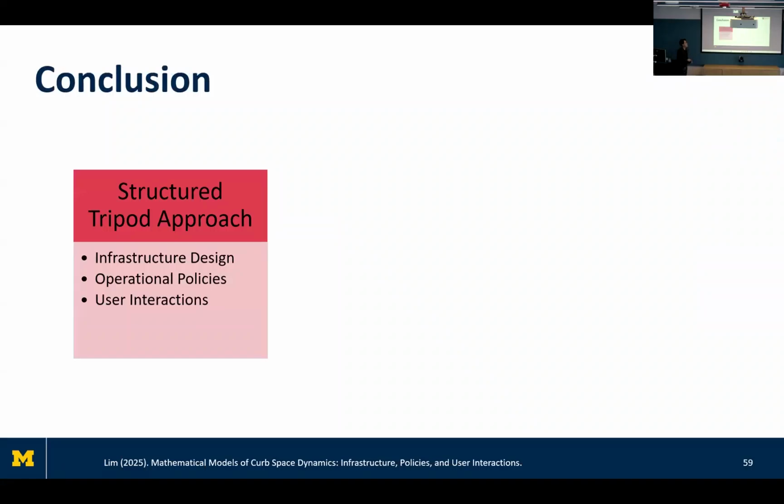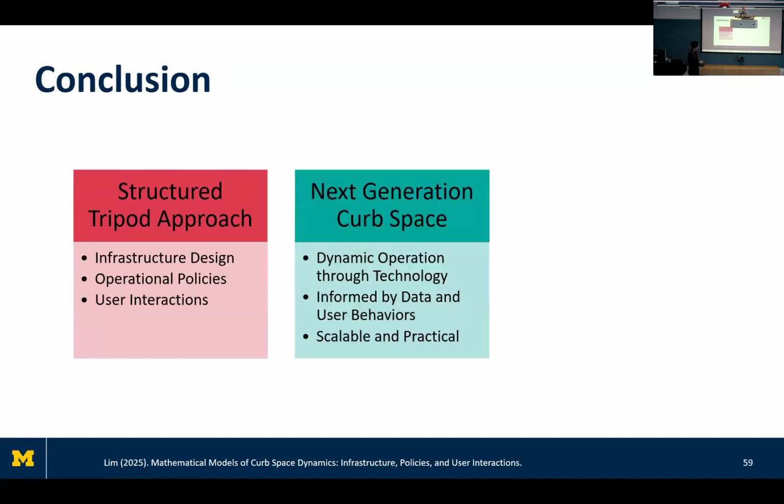So to summarize, I've introduced my structured tripod approach where I consider infrastructure design, operational policies, and users' interactions. This becomes the foundation of dissecting any transportation systems that exist in the world. I use curb space as an illustrative example where I provide technology-enabled dynamic operations to enhance the efficacy of the system.